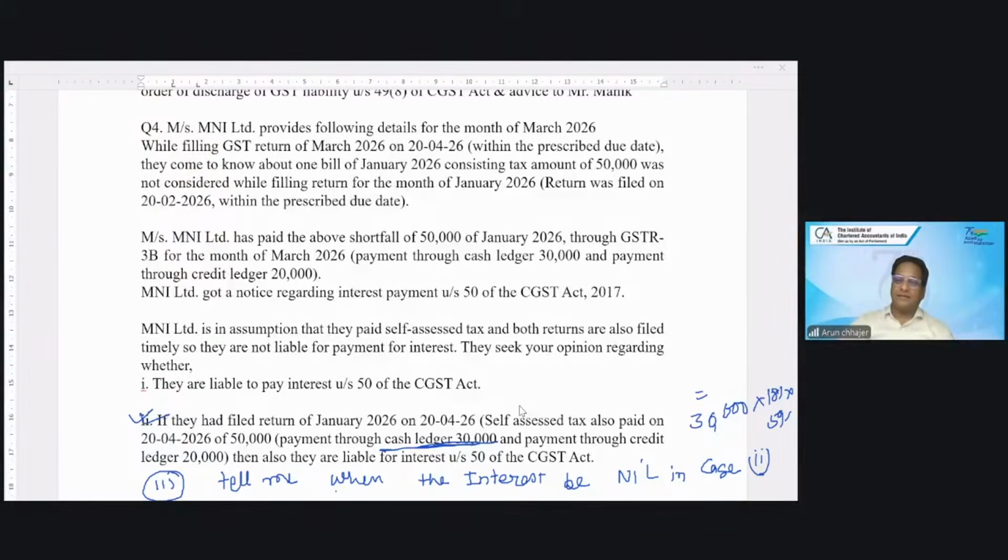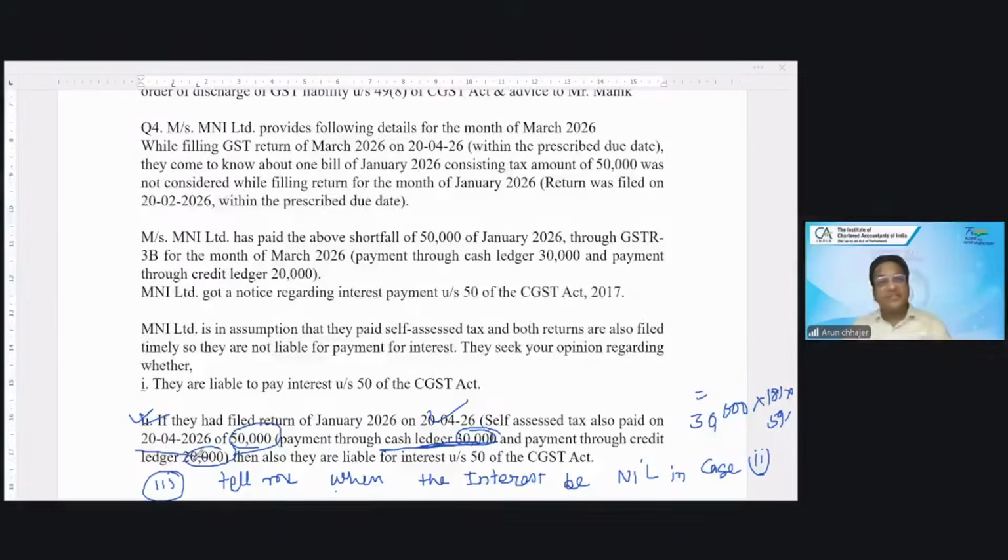If paid by the ITC. Oh, Gayatri has given a different answer, but absolutely correct. But Gayatri, assume that everything is the same: 50,000 has been paid through cash 30,000 and ITC 20,000. Everything is same. Return has been filed on this date.